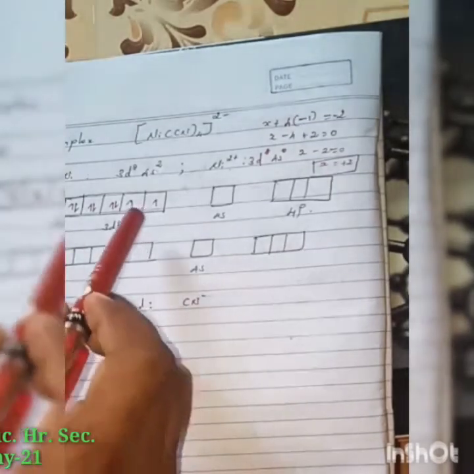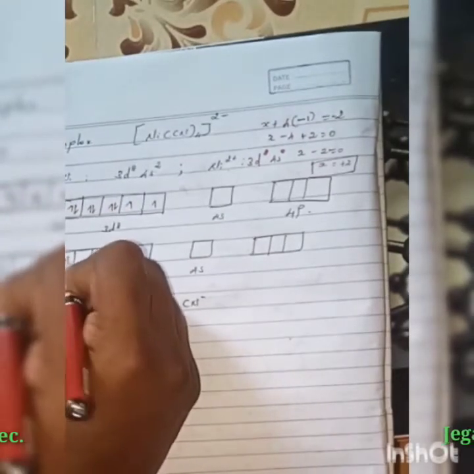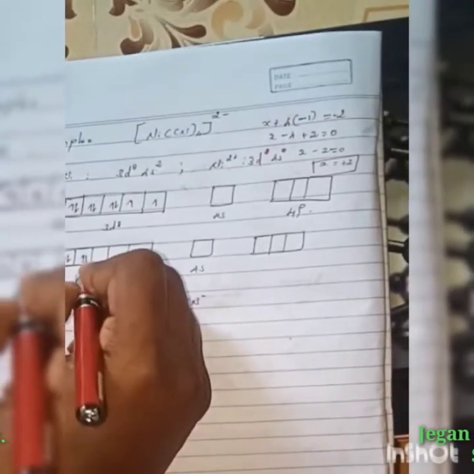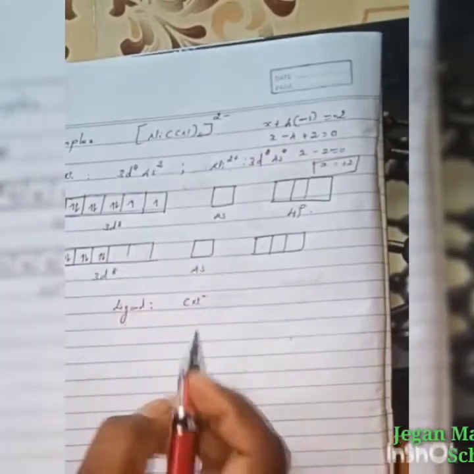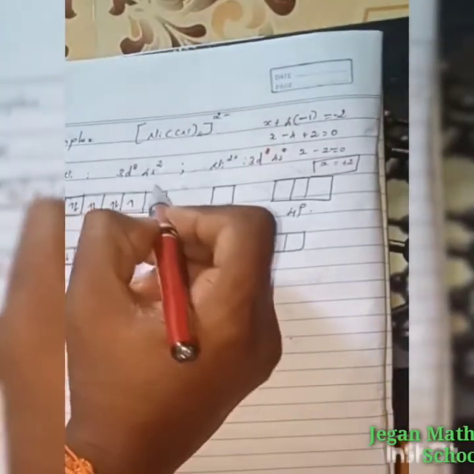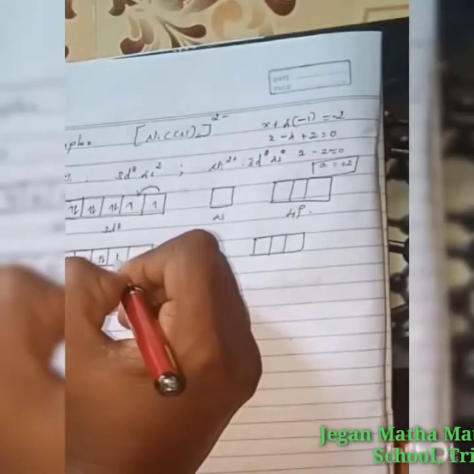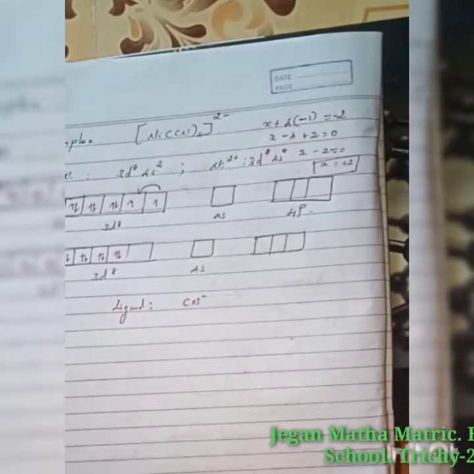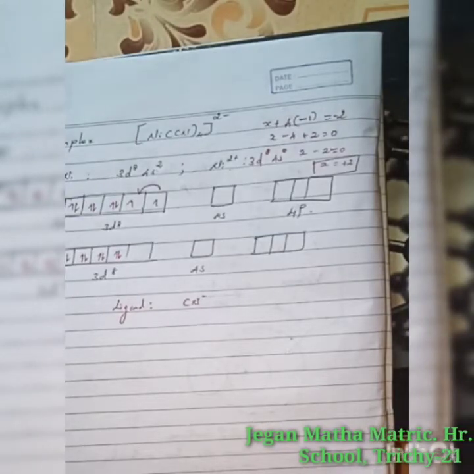What is the purpose of cyano? Where a single electron is present, it pairs it and makes a double electron. Here double electrons are already present, so here also paired, here also paired. So cyano is a strong field ligand, and it helps us to make paired electrons. A strong field ligand causes the pairing of 3d electrons in the metal.